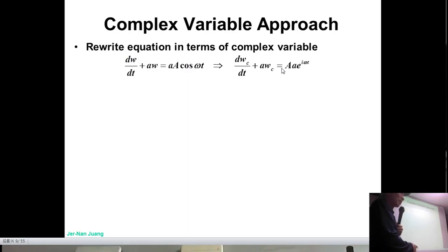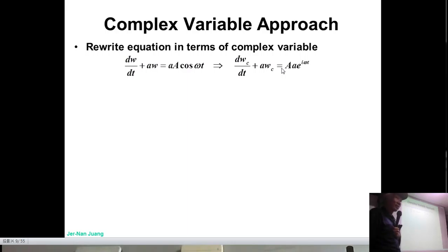But see, this is a trick. Can you have any i sine omega t input to the system? What does that mean? If I have i sine omega t input to the system, what does that mean? That means nothing. It's impossible to do that. There is no such i sine omega t input.